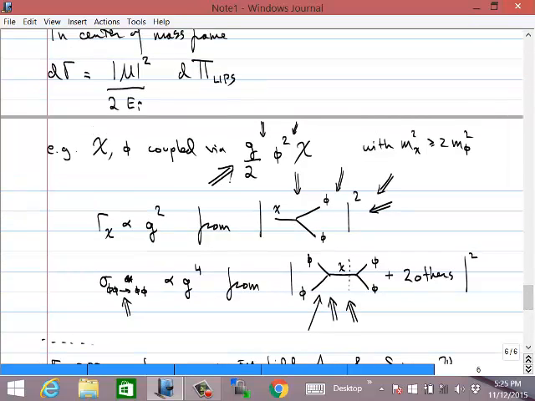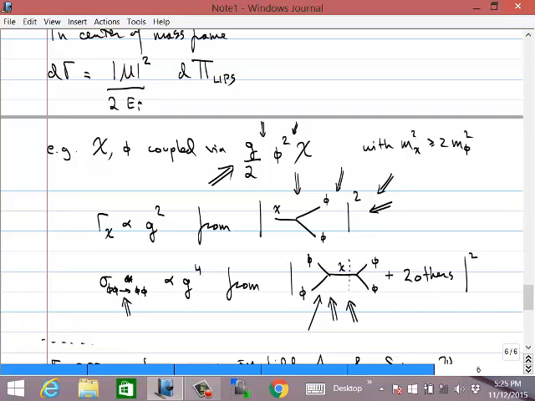And that means there's some Hamiltonian. And we could talk about what the eigenstates of the Hamiltonian are. Those would be states describing particles that would last forever. And there's no eigenstate that looks like a chi particle, but there is an eigenstate that looks like a phi particle. So that doesn't mean that there aren't chi particles in the following sense.